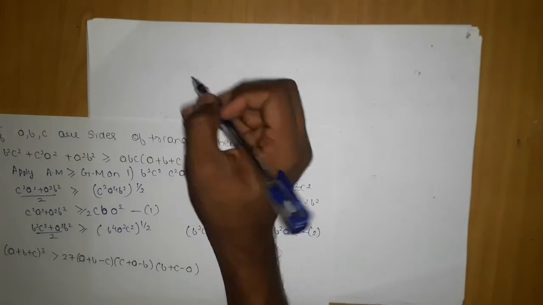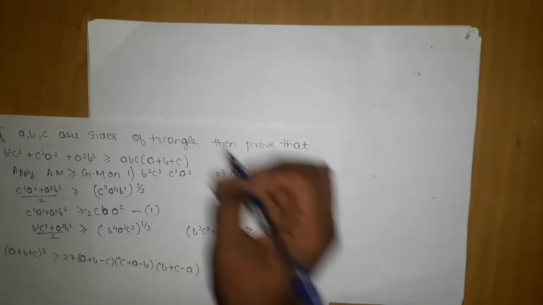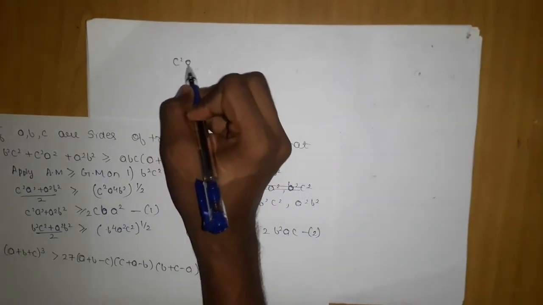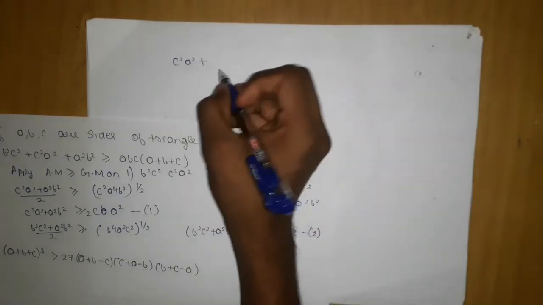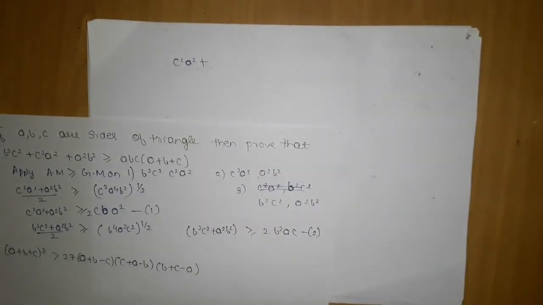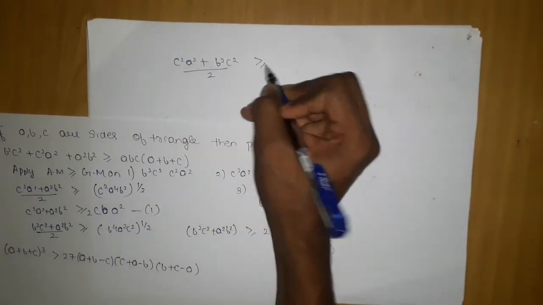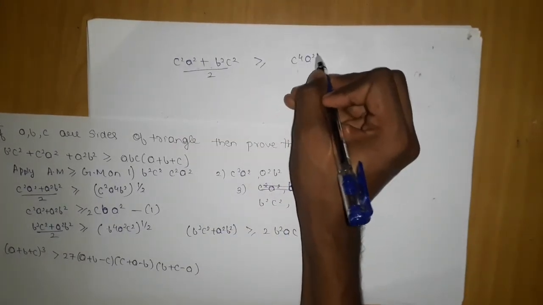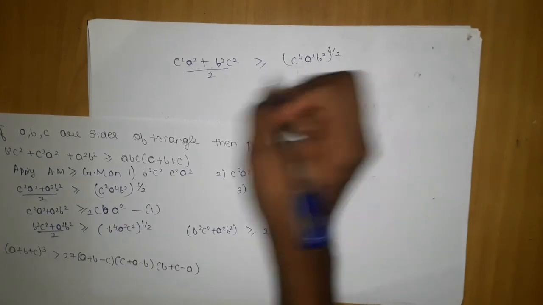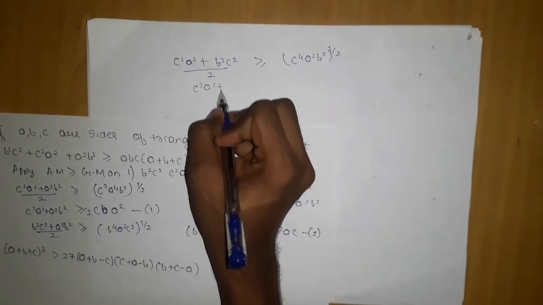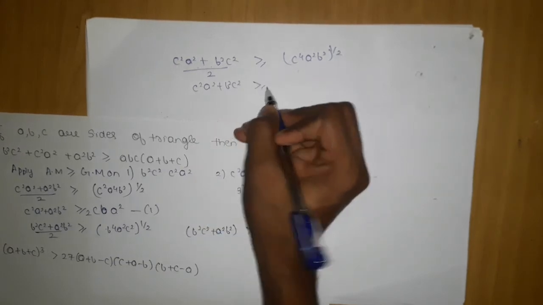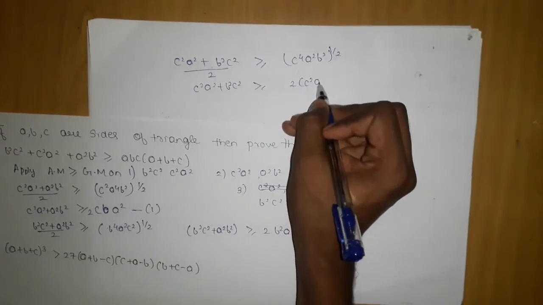Now let me do the next one. Here if I apply this on c square a square and b square c square, c square a square plus b square c square upon 2 is greater than or equal to, here we will get c power 4 a square b square, the whole power 1 by 2, so c square a square plus b square c square is greater than or equal to 2 c square ab.